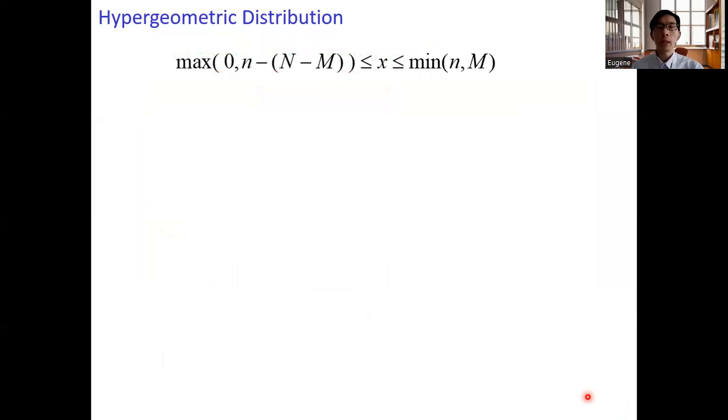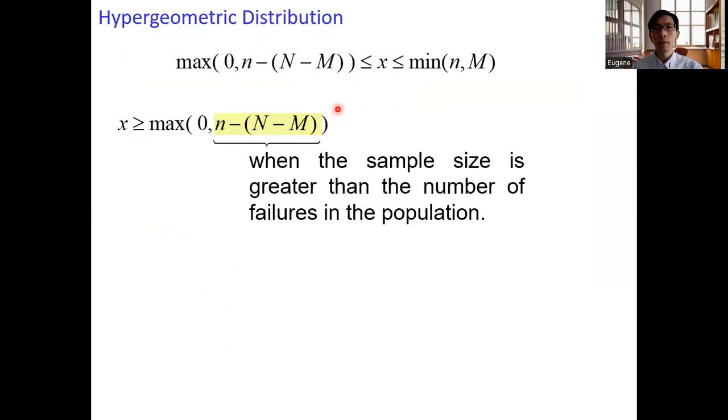Let's take a look at each inequality separately. Under what condition do we have that X is greater than or equal to n minus (N minus M)? This is the case when the sample size is greater than the number of failures in the population.